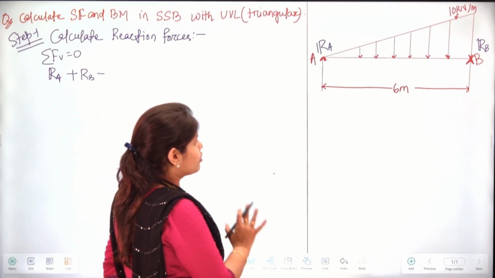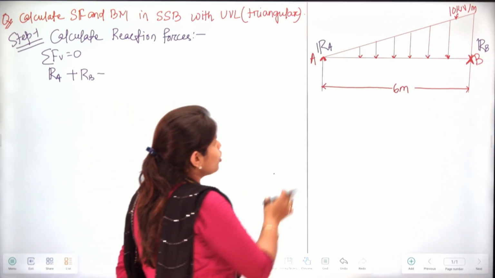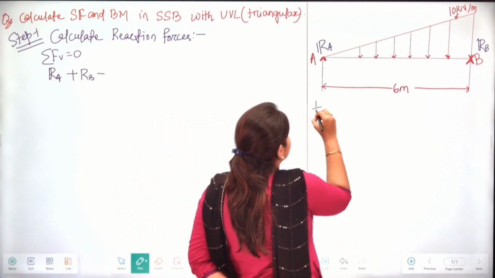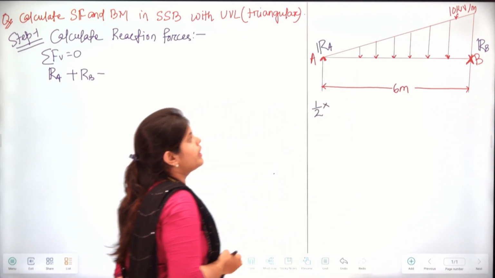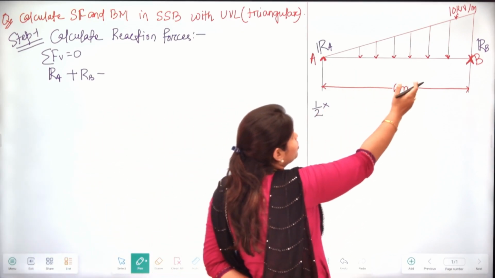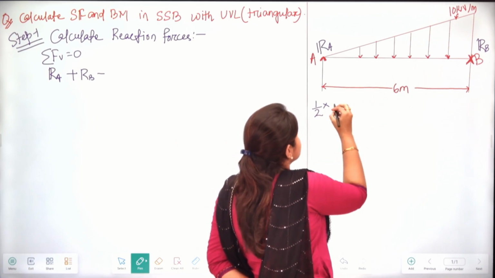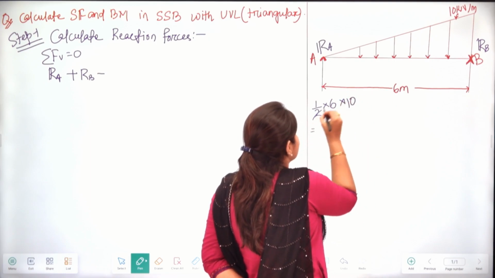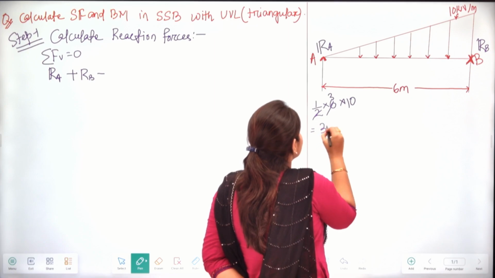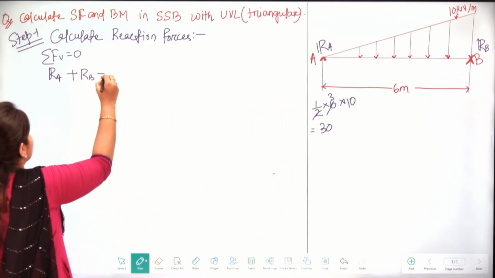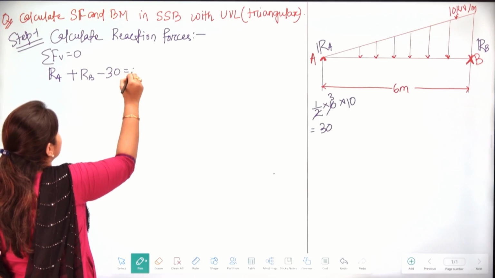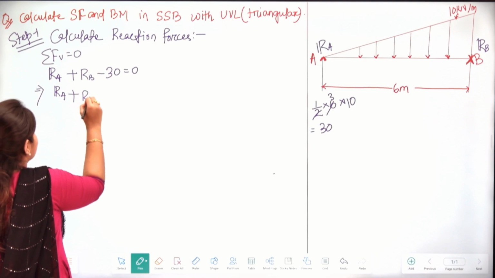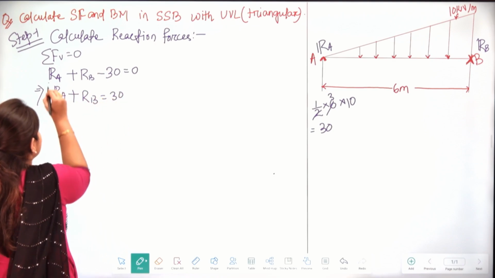As this is triangular loading, we convert it to the area of the triangle: half into the base, 6 meter, and the height, 10 kilonewton, which gives 30. So the equation is RA plus RB minus 30 equals 0, so RA plus RB is 30.